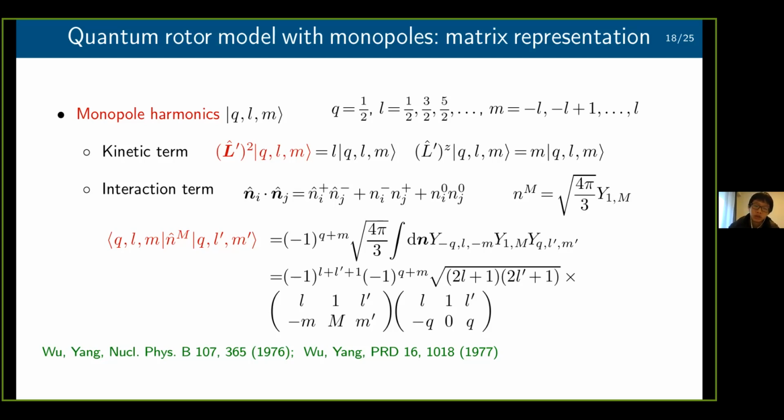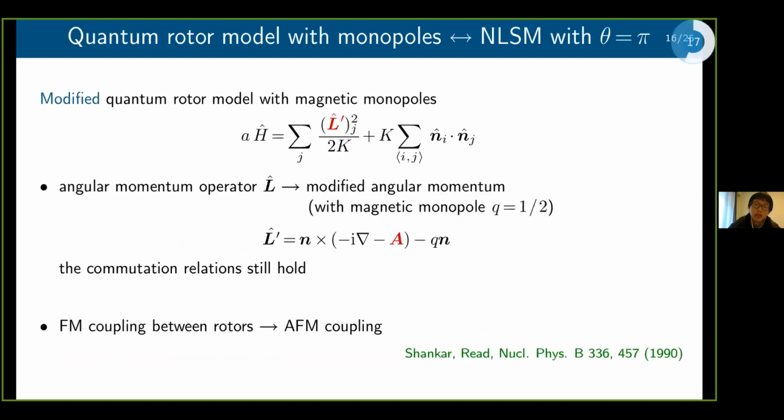Then we can obtain the matrix elements of these spherical tensor operators by calculating their expectation values under the monopole harmonic basis. So you can see that this calculation process is very similar to the case without the theta term.